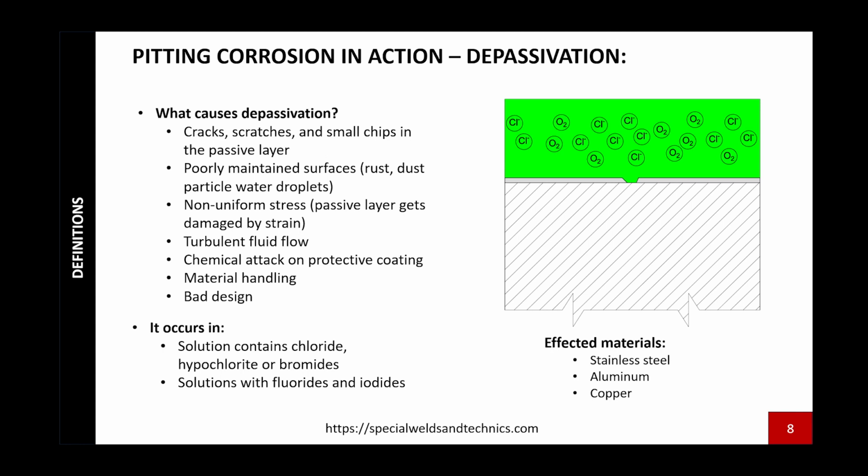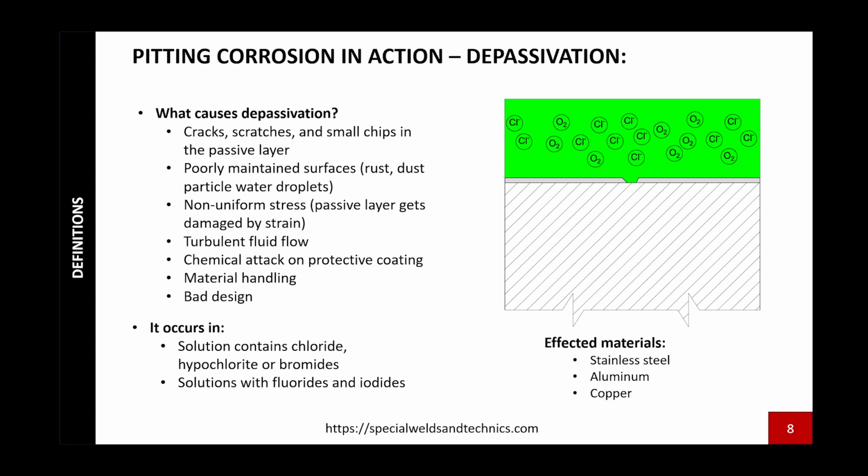This can happen if there is a small, tiny crack or scratch in the passive layer. In most cases, this is happening because of the material handling. I see this all the time. Or we have some surface contamination, like dust from carbon steel, or dust particles in water droplets on the stainless steel surface.